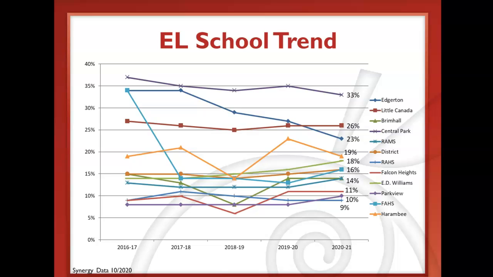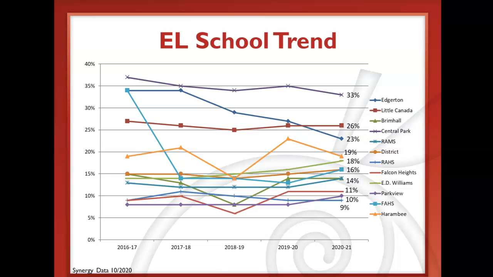This is a look at our EL school trends over the past 5 years. You can see that most of our schools are within about 2 or 3% of their past year. The numbers are also lower at our elementary schools. I would let you know that a few student changes over time can really impact that data.